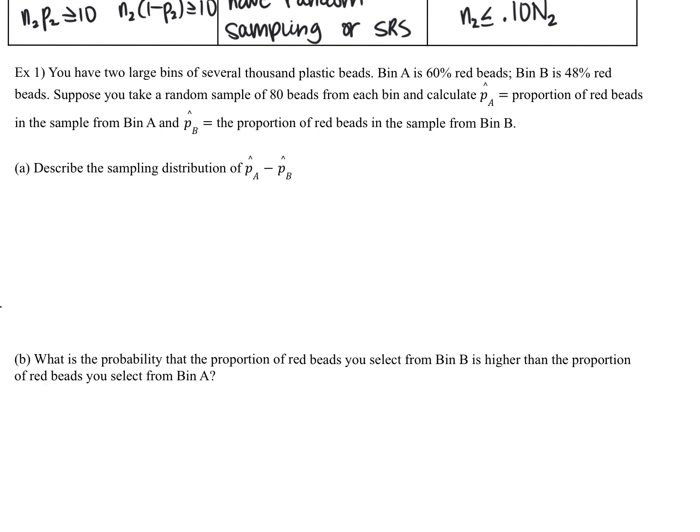Suppose you take a random sample of 80 beads from each bin and calculate P hat A, which is the proportion of red beads in the sample from bin A, and P hat B, the proportion of red beads in the sample from bin B. So first thing we want to do is describe our sampling distribution, which basically means check your conditions. The first thing we're going to check is random.